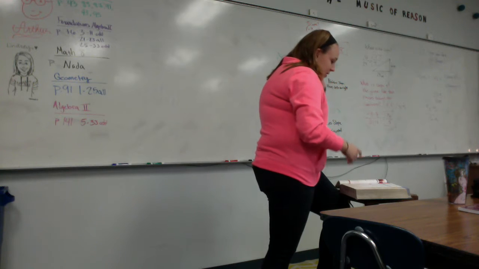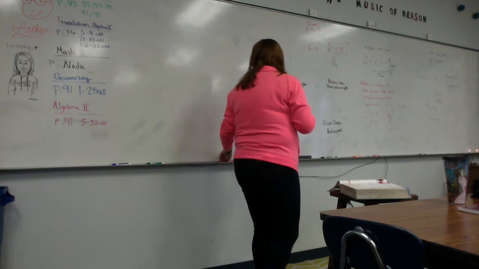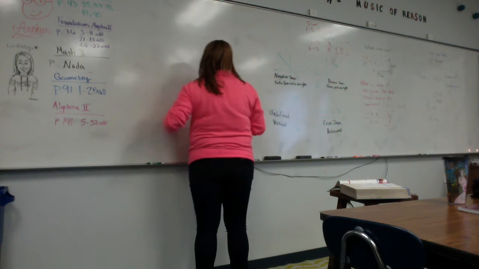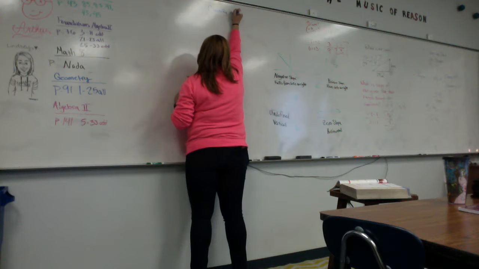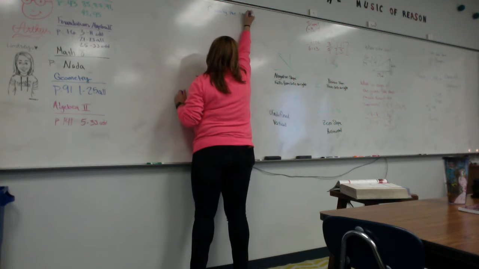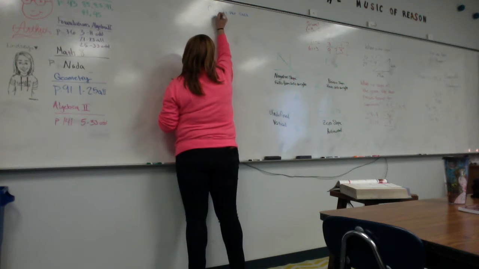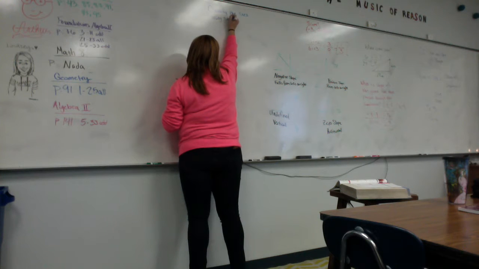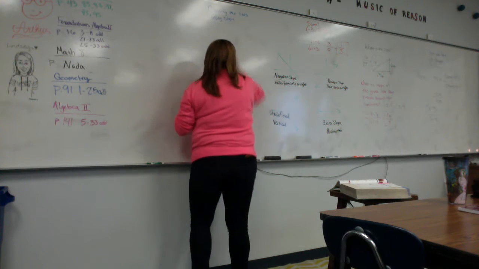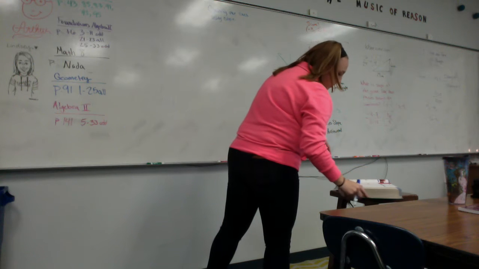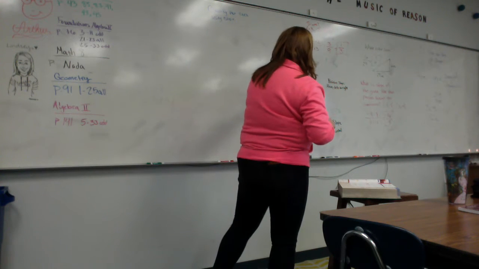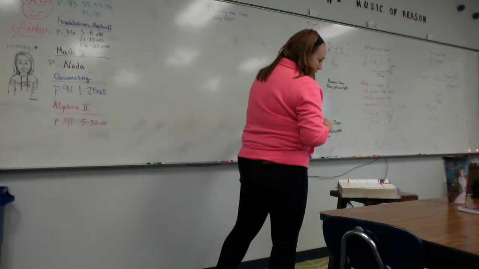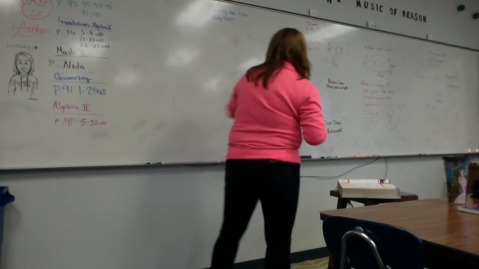Let's talk about classifying lines using slope. We're going to classify them into one of 4 categories: rising, falling, horizontal, or vertical.